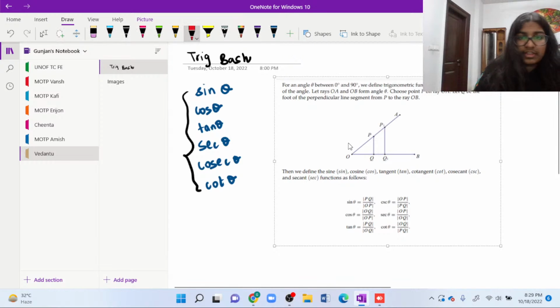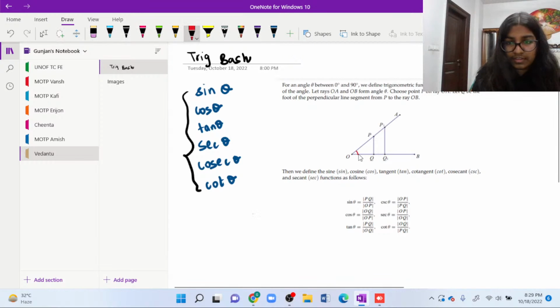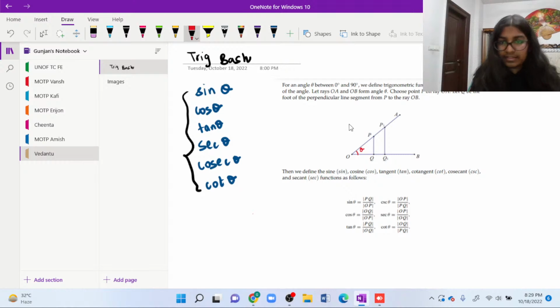So let theta be this angle and it's less than 90. So we define trigonometric functions to describe the size of the angle. Let OA and OB be two random rays and theta be the angle between them.